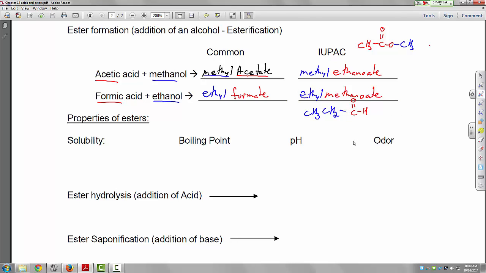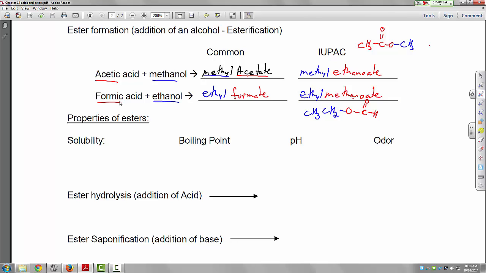Oops, I almost forgot the oxygen. Let me clean that up a little bit here. We should have the oxygen. There we go. So this is our ester. The ethyl group comes from ethanol. The methanoate ion, if you wish, comes from methanoic acid or formic acid.